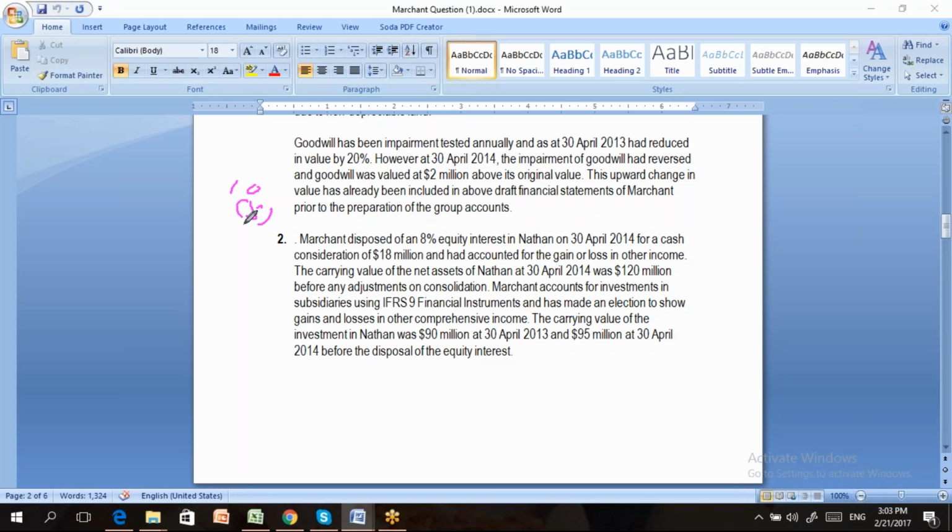We charged in the P&L 2.36. Why? Because there was a 2.2 earlier revaluation reserve. So now we have to remove that one. So your OCI will come down by another 2.2. And ultimately, the revaluation reserve will be 2.8. Now the OCI will be 2.8.